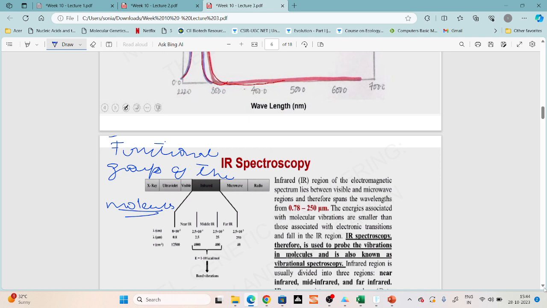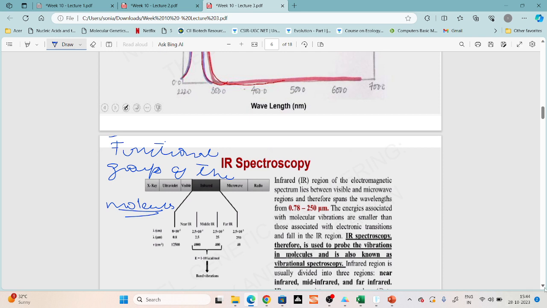The energy needed for vibration corresponds to infrared radiations. Therefore, infrared spectroscopy is used to probe the vibrations in molecules, and is also known as vibrational spectroscopy.